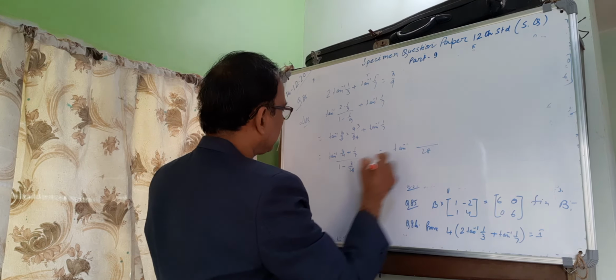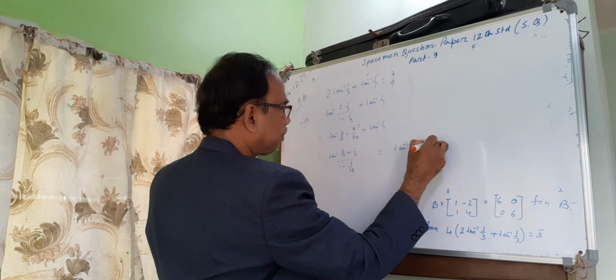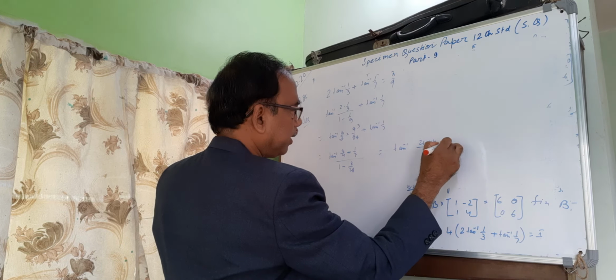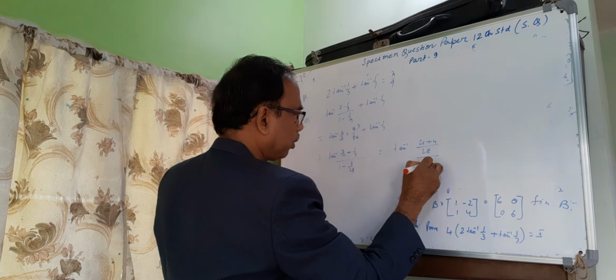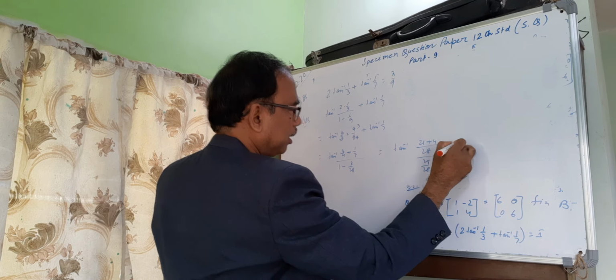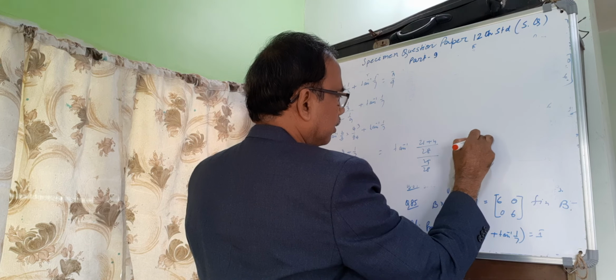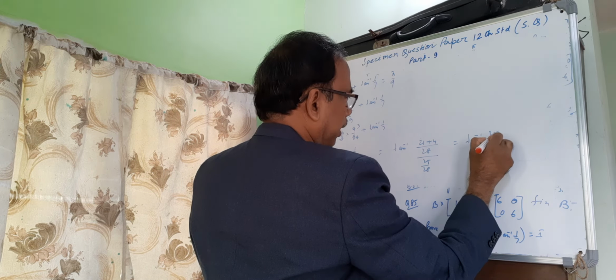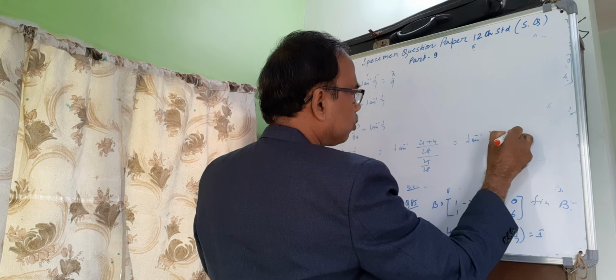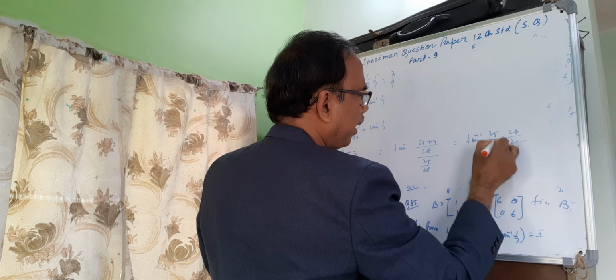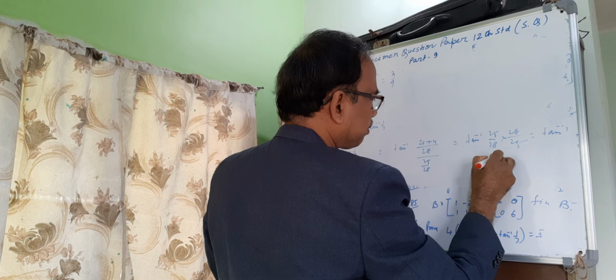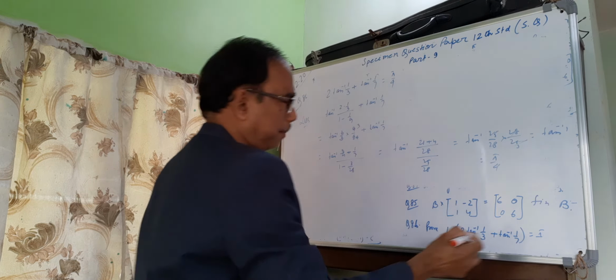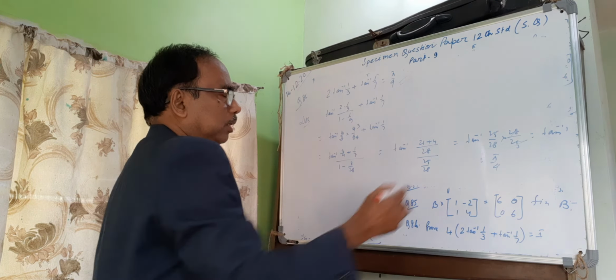LCM is 28, so 21 plus 4 over 28, and denominator 25/28. That equals tan inverse 25/28 into 28/25, that is tan inverse 1, that is pi by 4. You have to prove the value of this is pi by 4, that is proved.